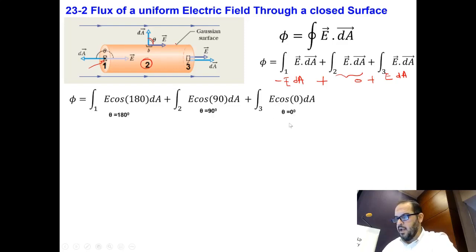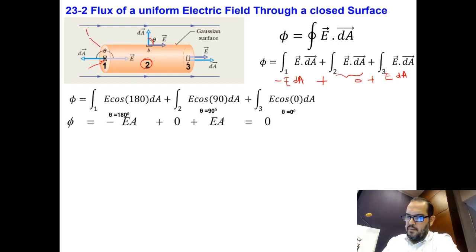So this is minus E times A, so we call this area A. And the integral through the belt is 0. The integral through the right surface is just EA. And notice that minus EA cancels with EA, and we get a total flux of 0.